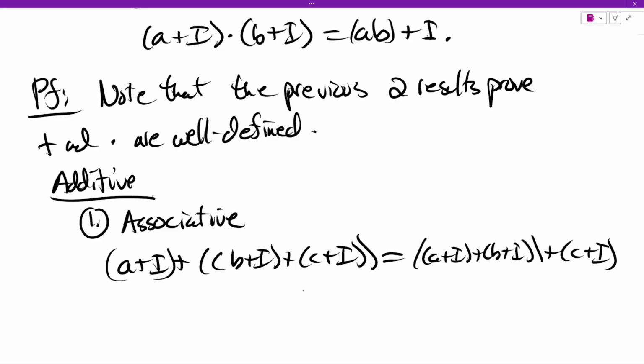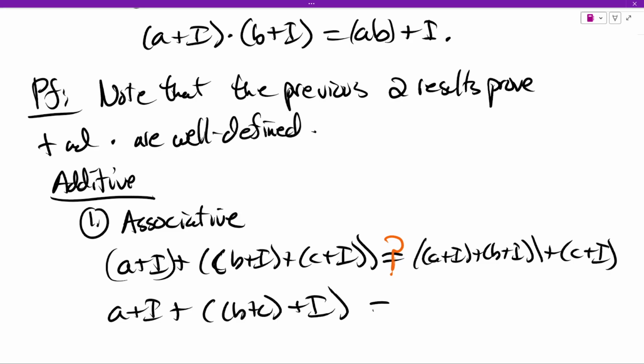So we took three random elements of the quotient ring, and we have to add them together and see if we get the same thing. On the left-hand side, we do the operation first on the inner parentheses, and the way to do that operation is you add B and C.